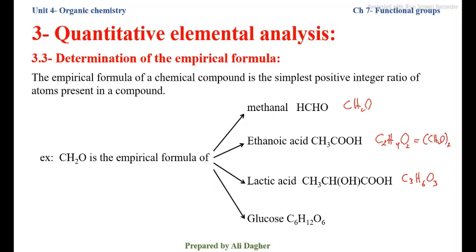The third, if we take 3 as common factor, then the molecular formula is CH2O 3 times. And for glucose, if we take 6 as common factor, CH2O 6 times. These compounds have the same empirical formula CH2O, which is the simplest positive integer ratio of atoms present in these compounds.